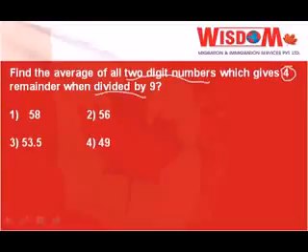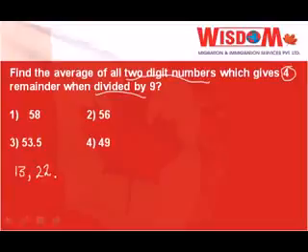So what is the first number which when divided by 9 gives a remainder 4? That would be 4, but it's not a 2-digit number, so I have to add 9 to it. So the first number is 9 plus 4, 13. Similarly, the next number would be 13 plus 9, that would be 22.